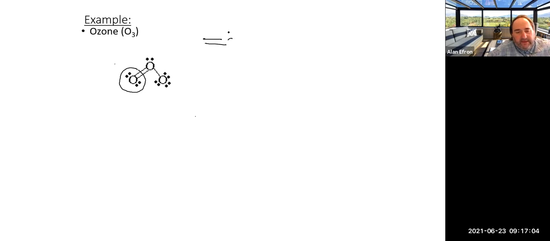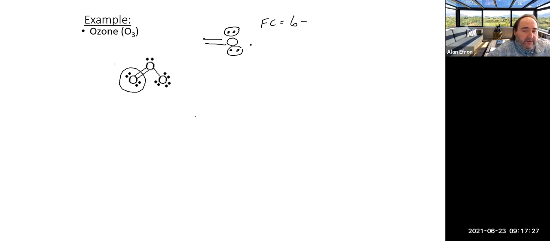So if we look at the double bonded oxygen and we want to calculate the formal charge on it, it equals the number of valence electrons in oxygen just by itself, which is 6, minus the number of non-bonding electrons. Non-bonding electrons are our dots.